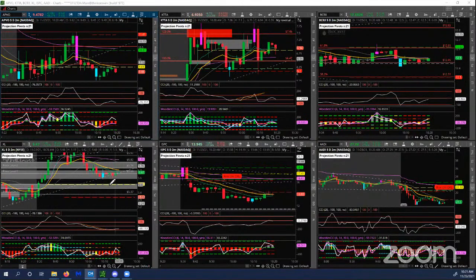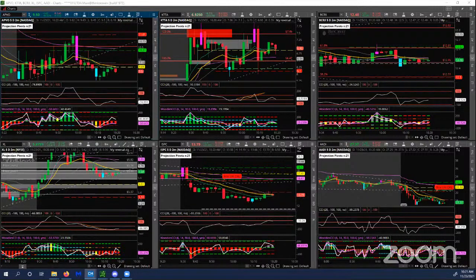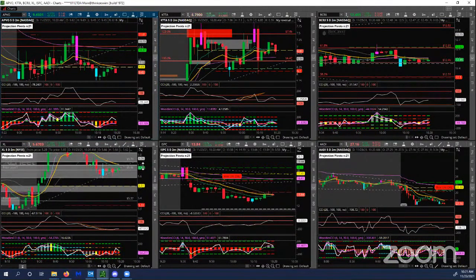Come on, XL. It's building right below the 15 EMA on a 5-minute, and it does look like it's doing something, but I really want it to break above that level. That was a pretty little hammer though.